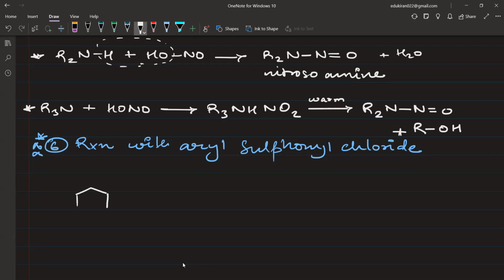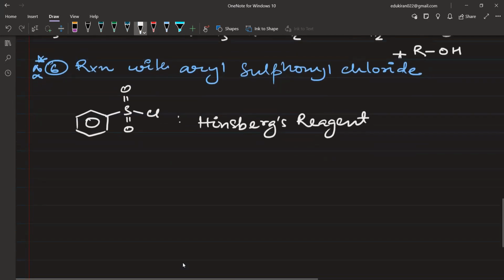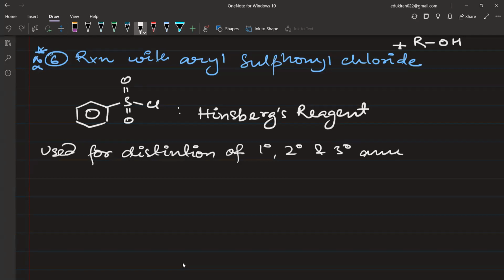You have a benzene ring bonded to sulfur with double bond O and chlorine. This is Hinsberg's reagent, used for the distinction of 1 degree, 2 degree, and 3 degree amines.